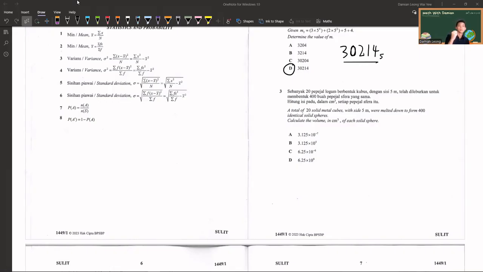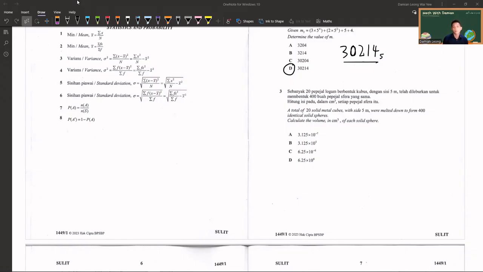So, hitung isi padu dalam cm cube setiap pepejal sfera itu. So since it's melted into the sphere, it should have the same volume. Okay, mereka ada isi padu yang sama.